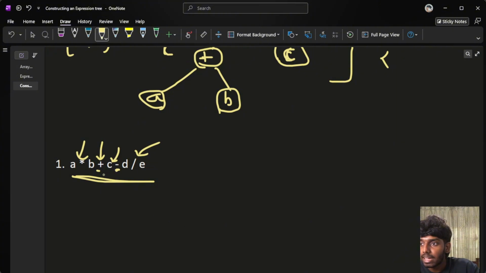While we are scanning left to right, as the first one we found the plus, which means the addition will evaluate first, and lastly the subtraction will evaluate. So the subtraction will be the root of our tree.